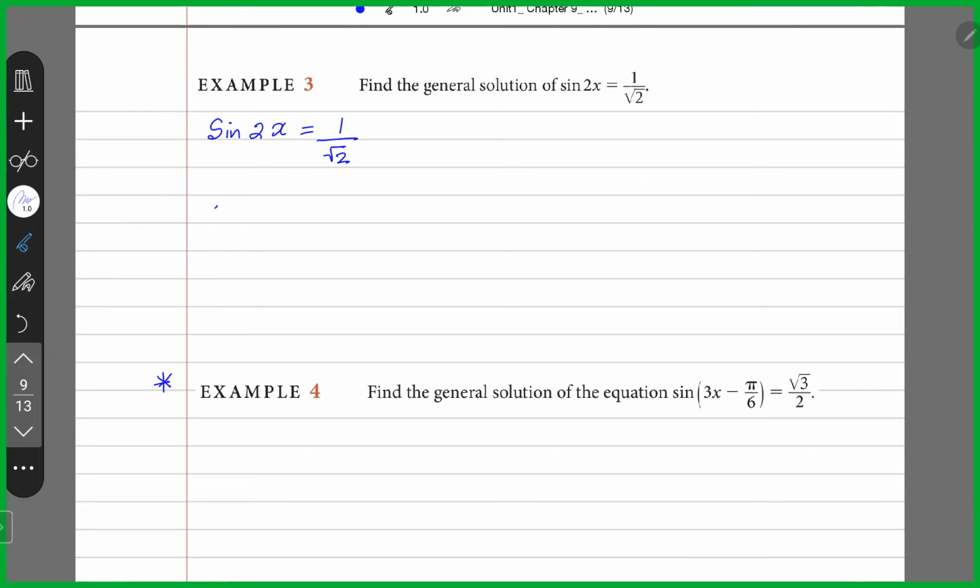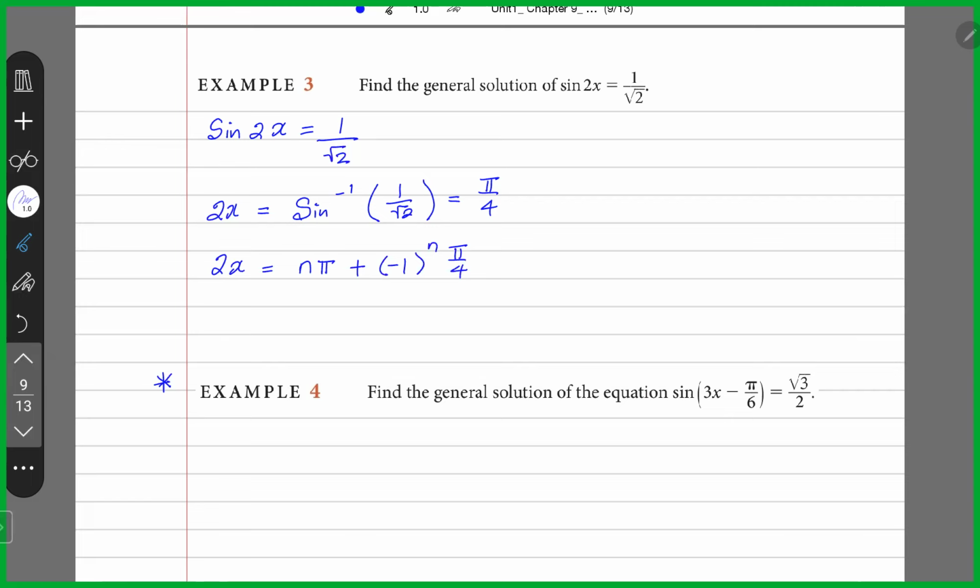So 2x being the angle, 2x would be equal to sine inverse 1 over root 2. And of course, the angle in the first quadrant, the reference angle, is pi by 4 or 45 degrees. So the general solution of sine is 2x would be equal to n pi plus minus 1 to the power n, then the reference angle, pi by 4.